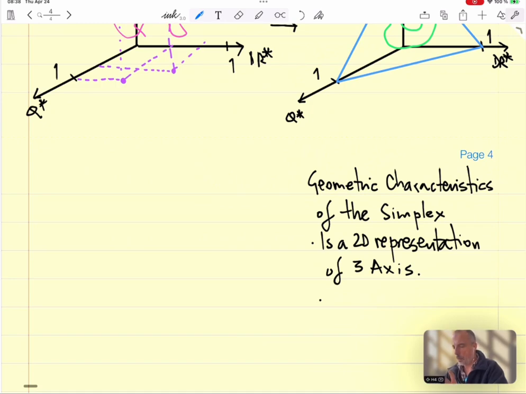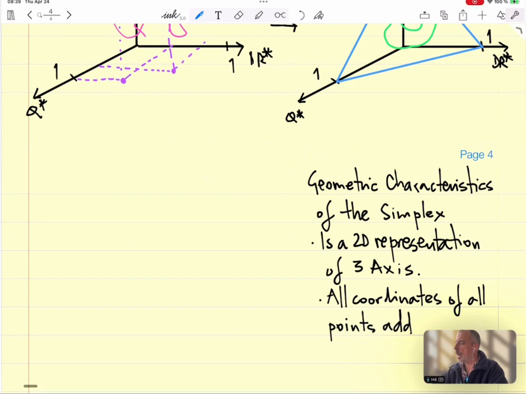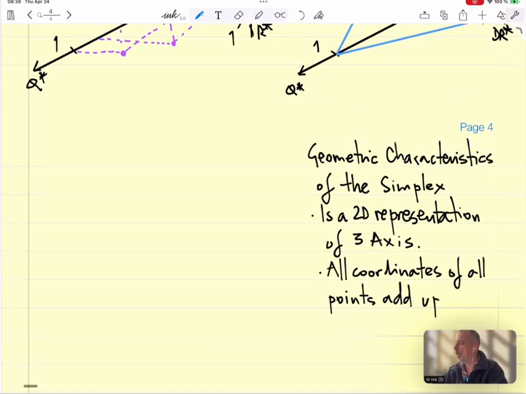Two-dimensional, but has 3 axes. And all coordinates of all points add up to 1. Now please pay attention, okay?